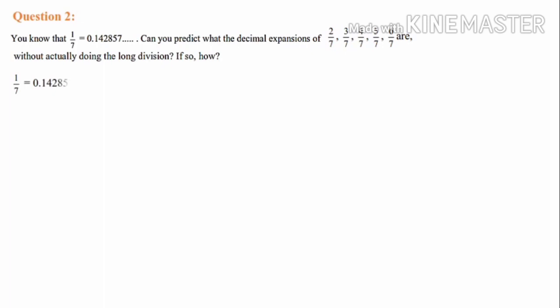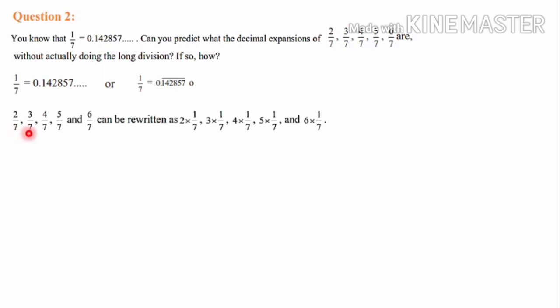Let's find out the answer. The given condition is 1 by 7 is equal to 0.142857 etc. And this we can write as 1 by 7 is equal to 0.142857 bar, because this 142857 is repeating regularly.